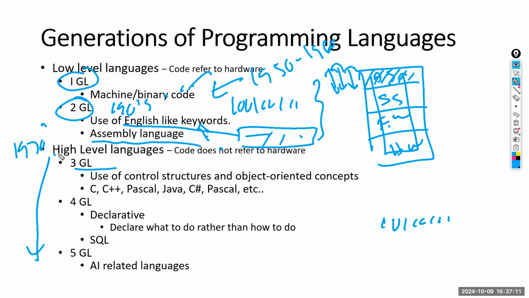These are called high-level languages. Why? Because the hardware is not changed due to running programs. So languages like Java, C Sharp, C, C++, Pascal, those are all high-level or third generation languages. So not second generation, not first.